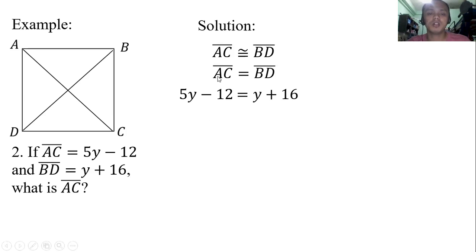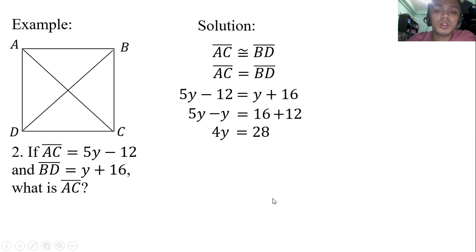Transpose y to the other side, then we have 5y minus y. Transpose negative 12 to the other side, we have 16 plus 12. 5y minus y is equal to 4y. 16 plus 12 is equal to 28. Divide both sides by 4. Then we have y is equal to 28 divided by 4, which is 7.